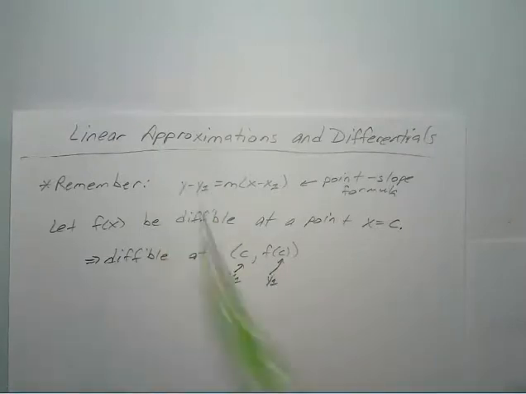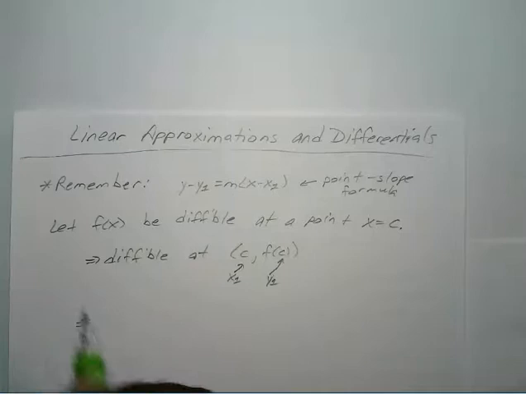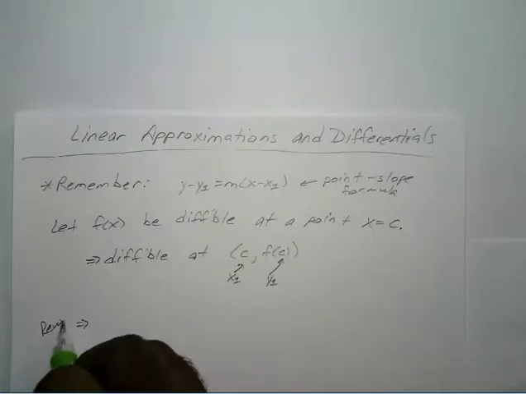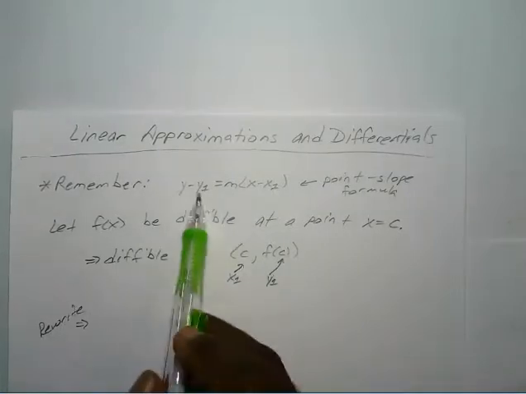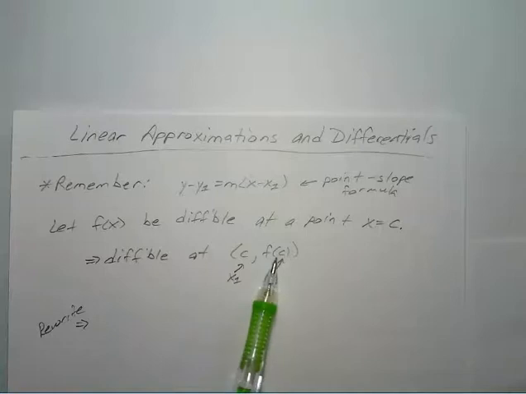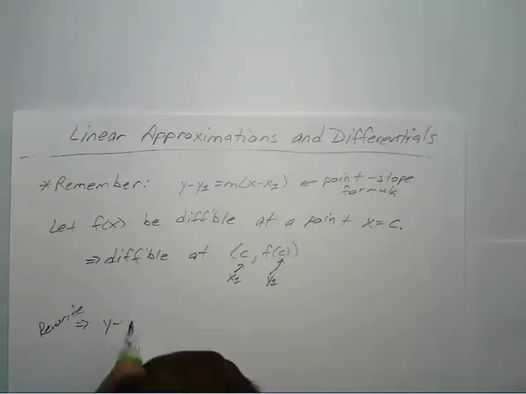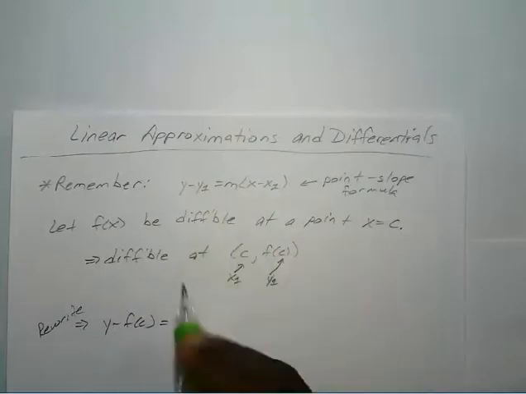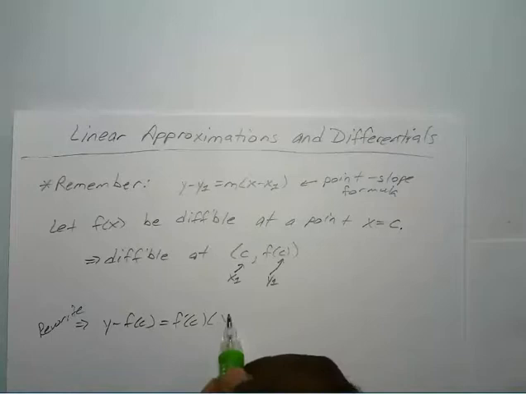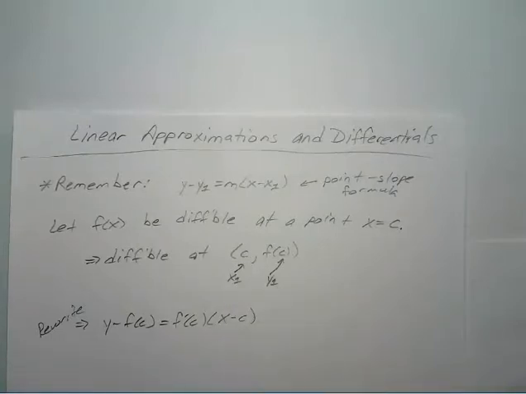So y minus y1 we're going to rewrite. y minus y1 becomes y minus f of c equals your slope at point c, so that's f prime of c, times x minus x1 or x minus c. We're going to solve for y, so we add f of c to both sides.